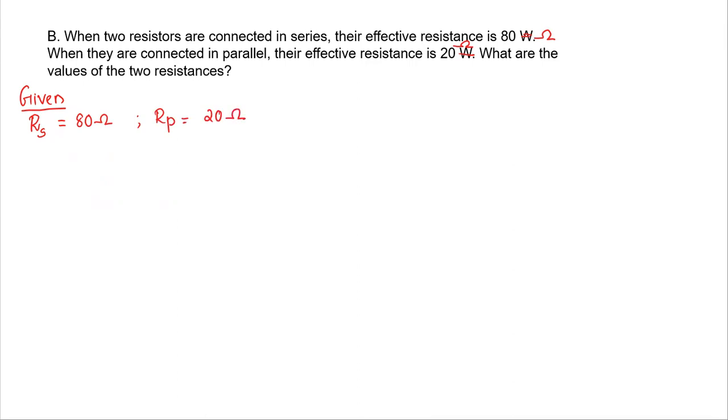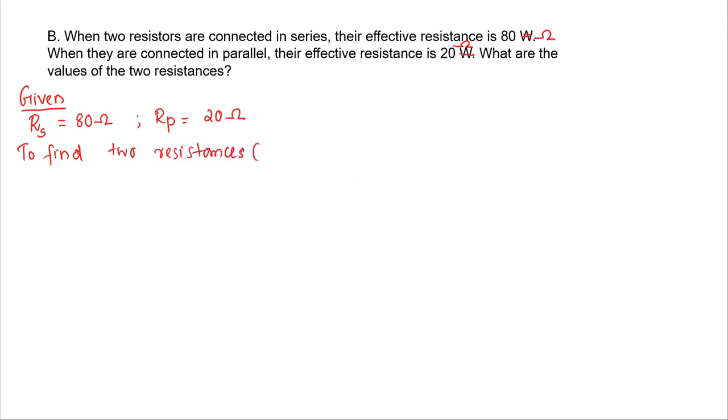What are the values of the two resistances? The resistance values are not given. Only the effective resistance in series and parallel is given. We want to find out the values of the two resistors, R1 and R2.